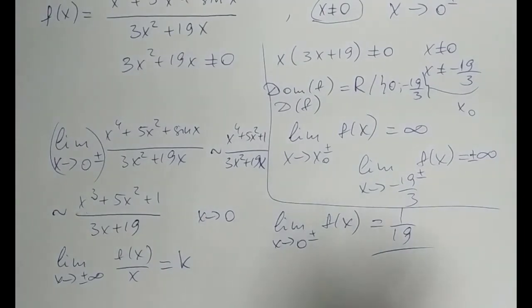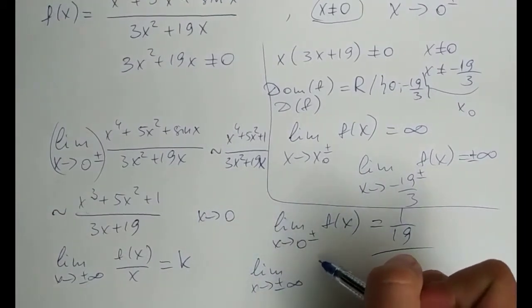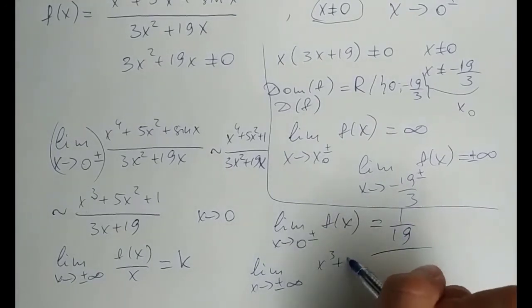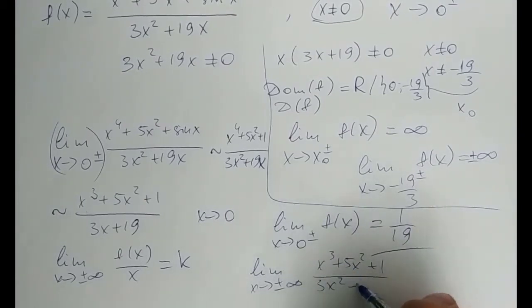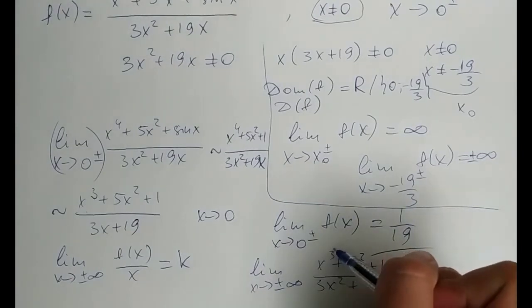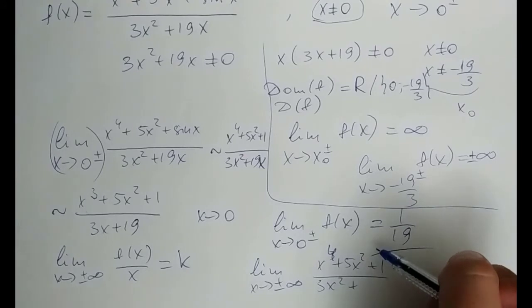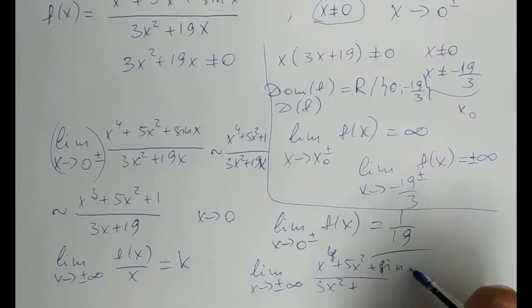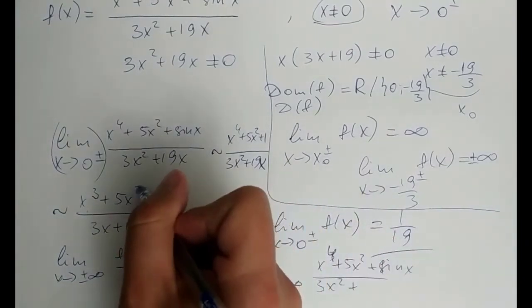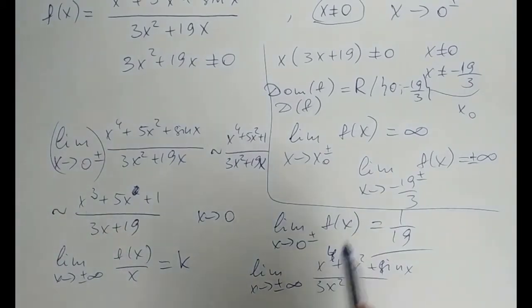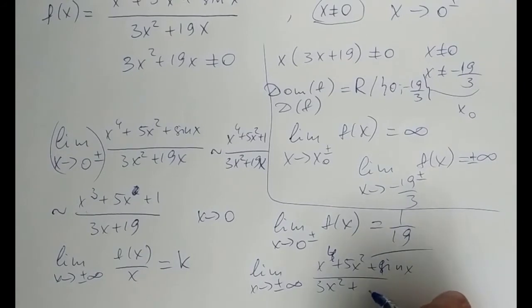Here in our case, let's find f of x over x. It is the limit as x tends to plus minus infinity of f of x over x, which is x fourth plus 5x squared plus sine x over 3x squared plus 19x, and when we multiply by x, the denominator becomes 3x cubed plus 19x squared.